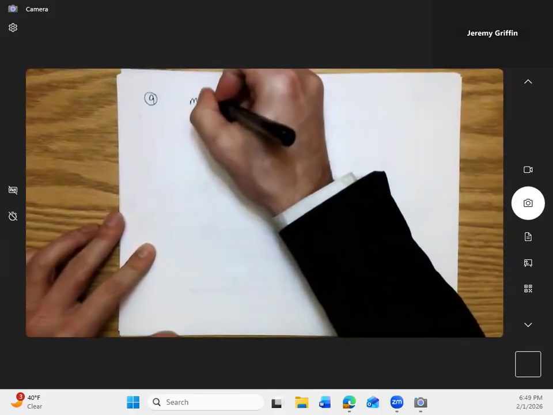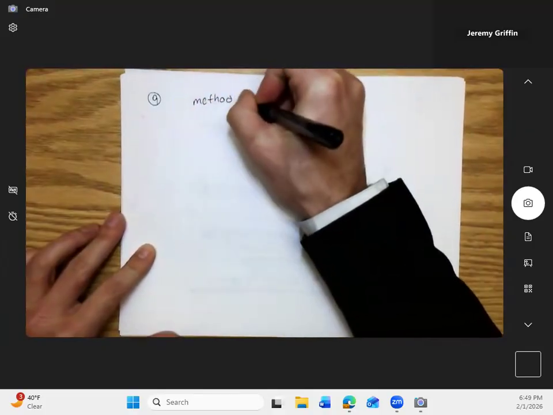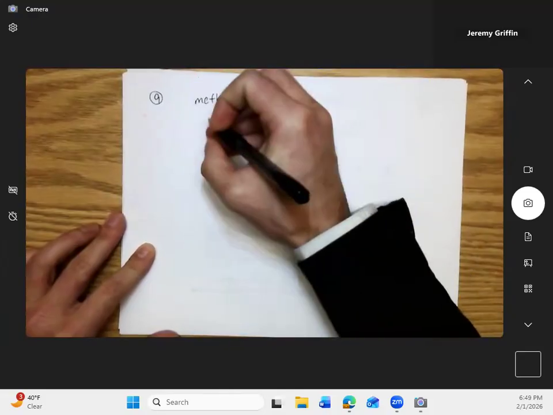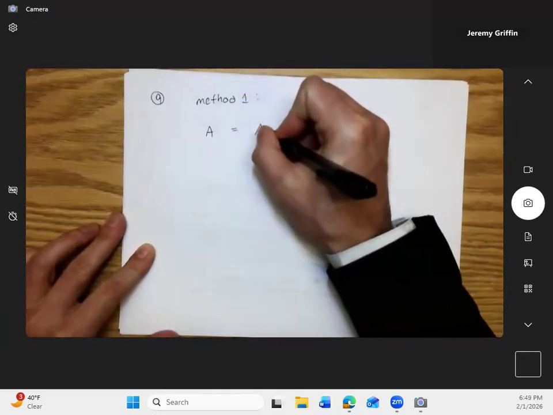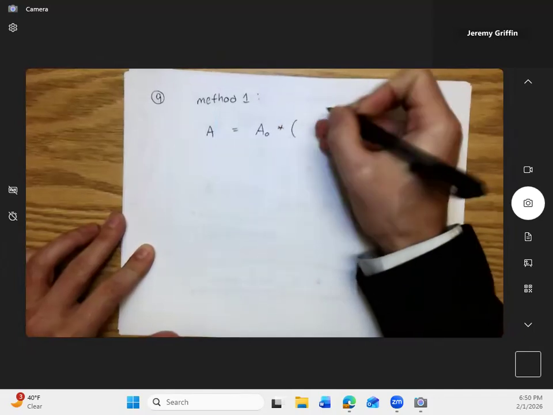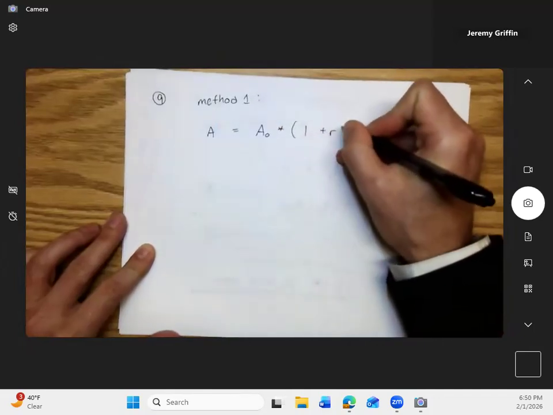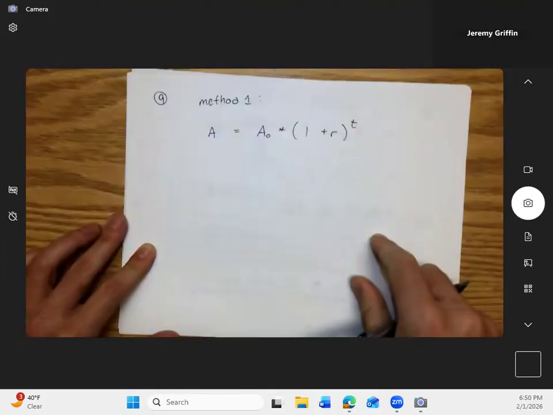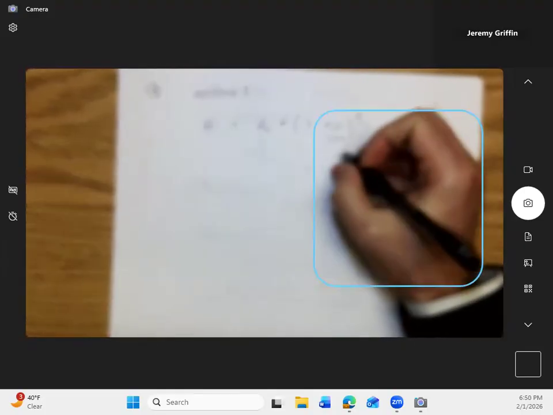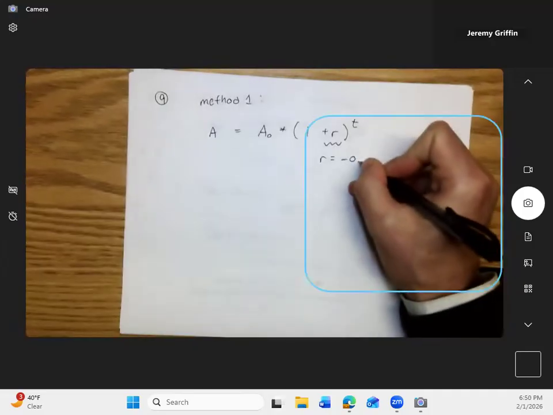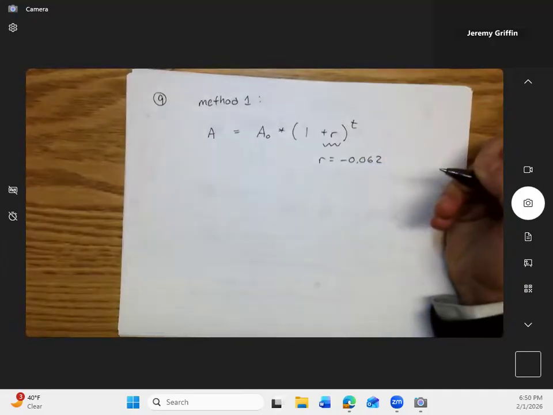So let's try method one. Let's use the value is equal to the original value times, so I'm going way back, 1 plus r to the t. Now they told us it depreciates 6.2%, so r is equal to negative 0.062. Think of it that way.